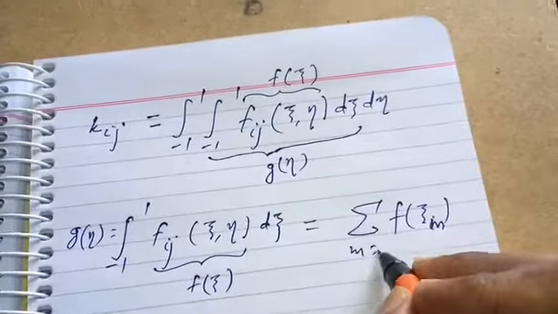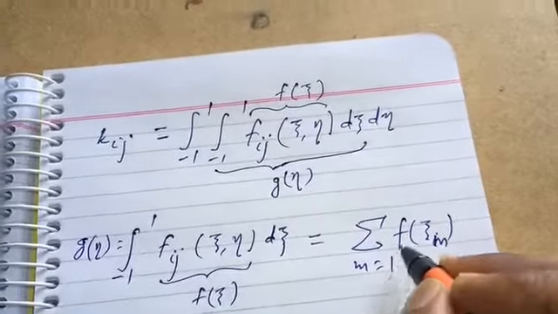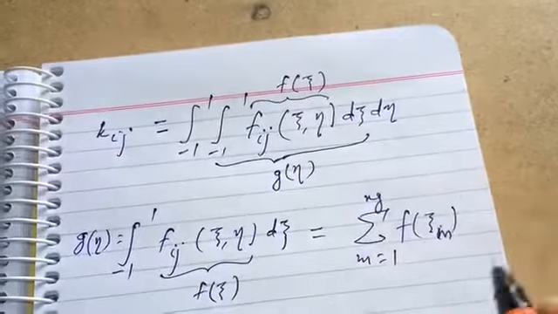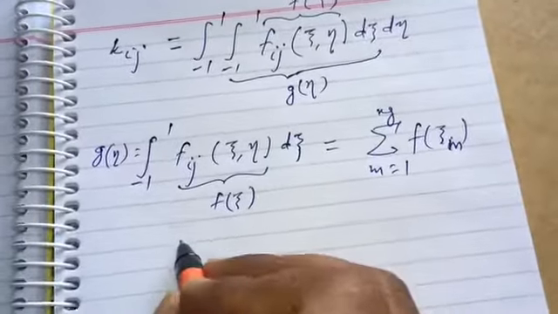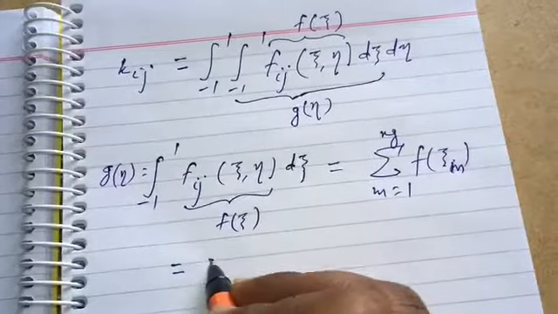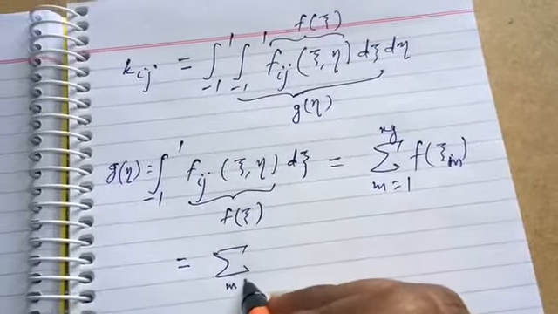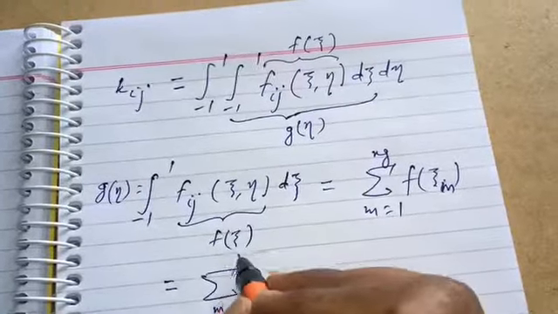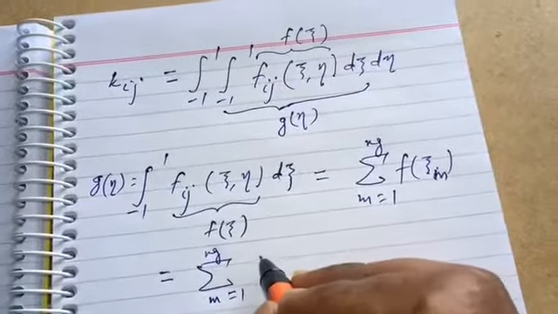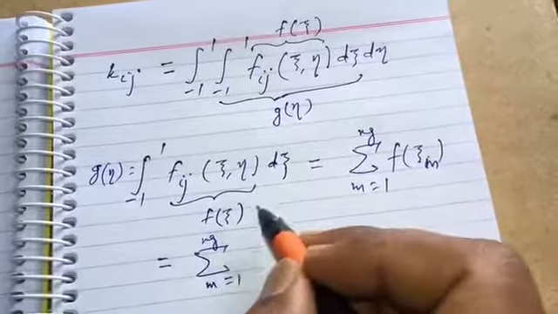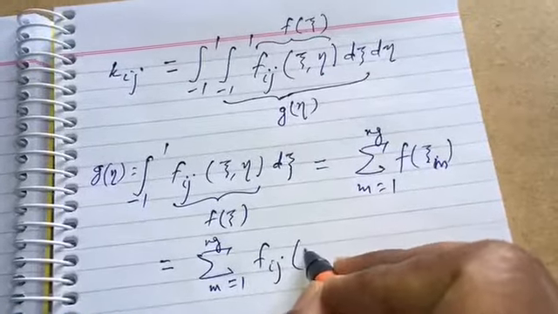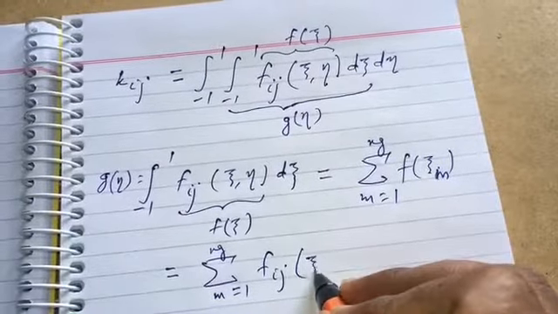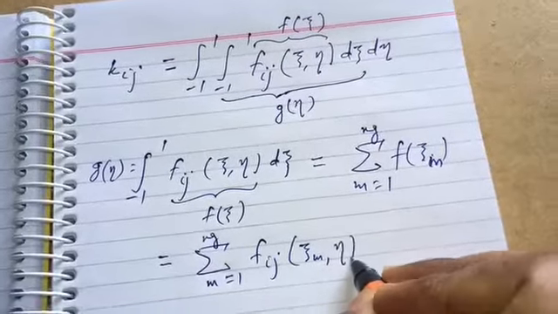So m is equal to 1 to ng, and f of xi is nothing but F_ij of xi_m and eta.